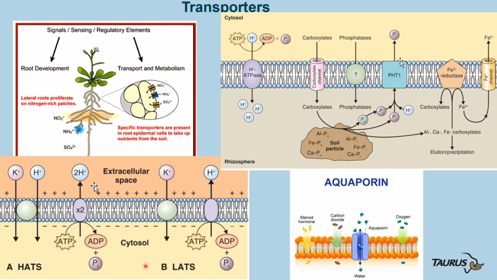All this means, and you can see it uses ATP in here to some degree, to move nutrients across this plasma membrane from the soil into the plant. When there's a lot of nutrient available, it can use low affinity transporters because it doesn't have to do a lot of work, doesn't have to use a lot of ATP. When the nutrients are short, the plant will use high affinity transporters.